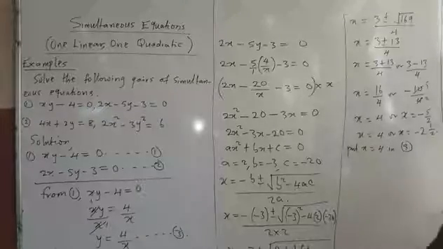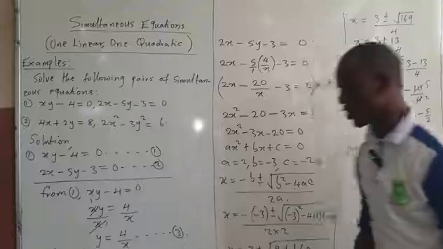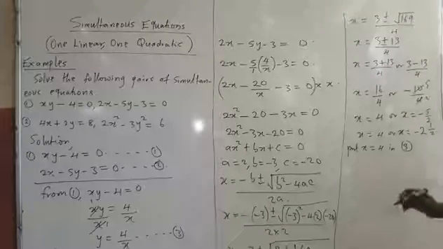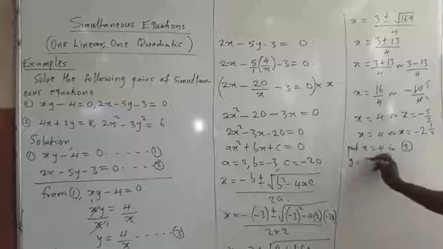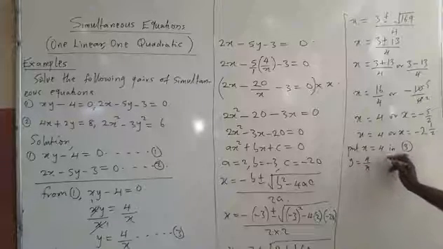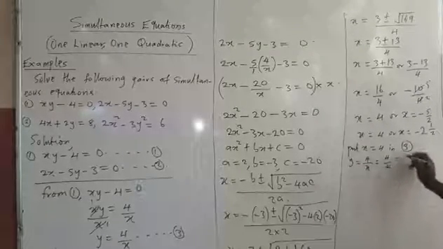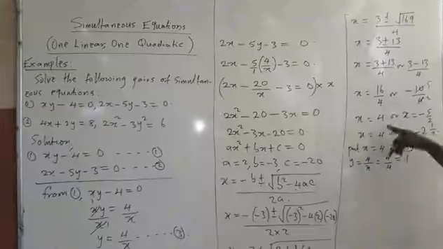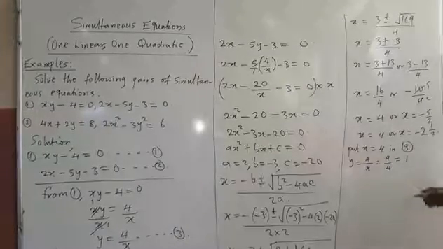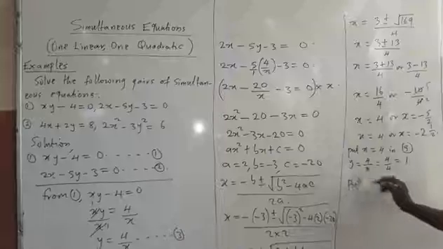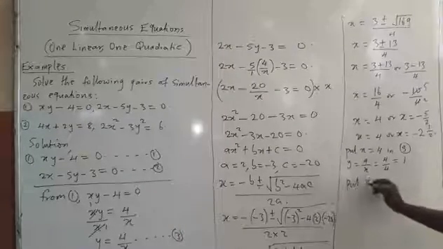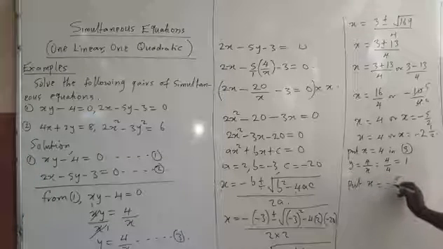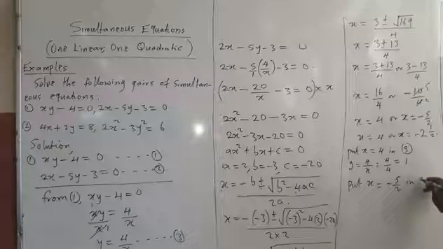Let's make use of equation 3 because y is already the subject of the formula in equation 3. So when x is equal to 4, y equals 4 over x, which is 4 over 4, and 4 over 4 is what? 1. It means when x is 4, y is 1. Then to get the second value for y, put x equals minus 5 over 2 in equation 3.